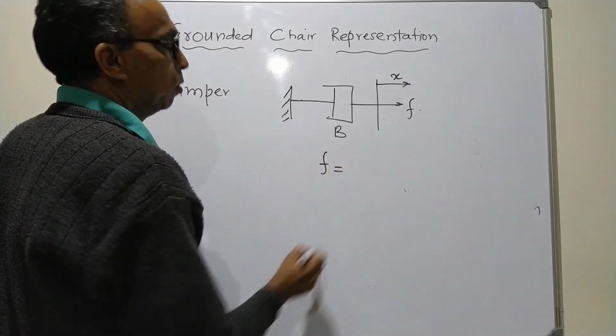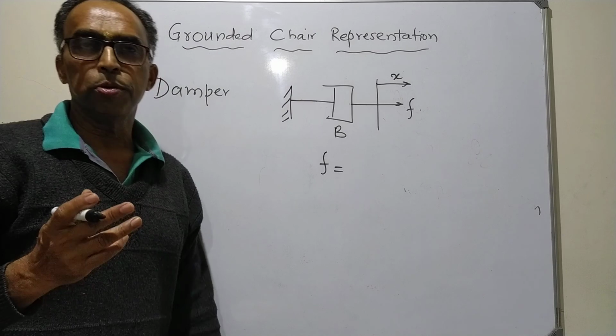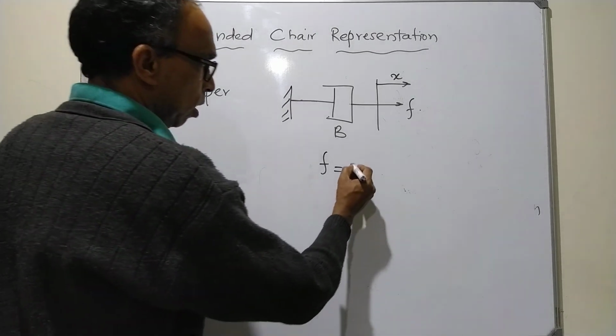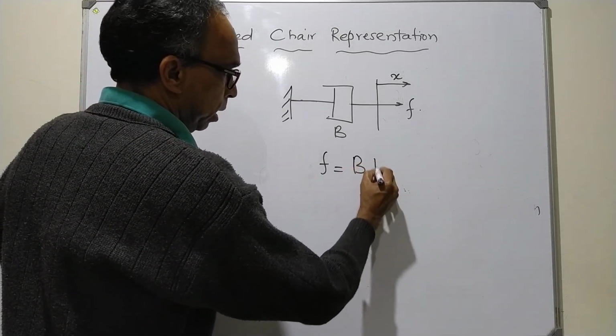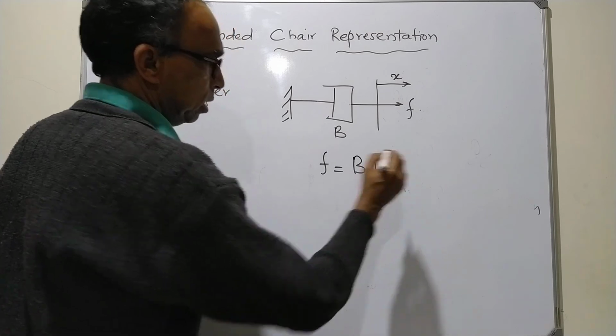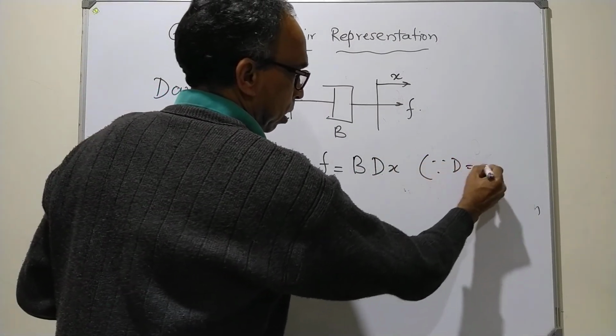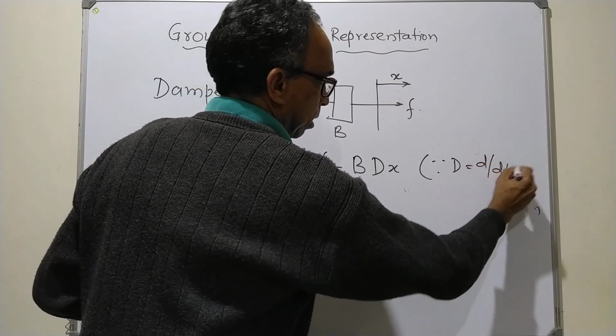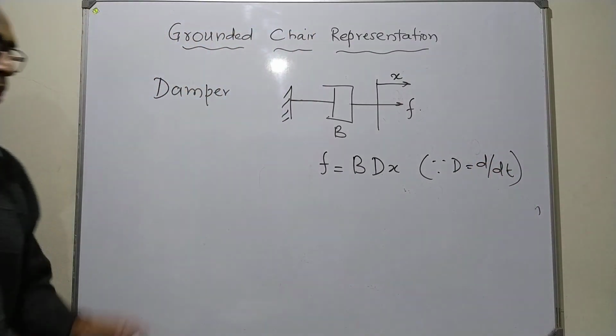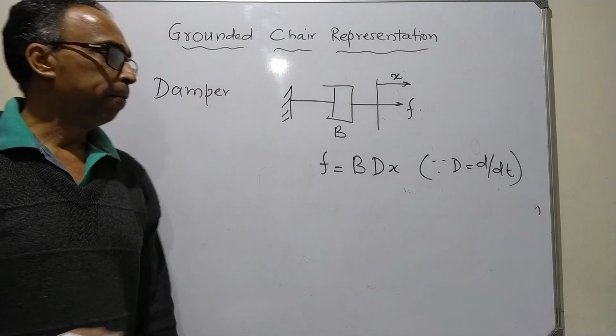F was equal to, damping force is proportional to velocity. So F was equal to B into Dx. What is this Dx? D is nothing but d by dt. This we call it as operator form. Dx is nothing but velocity v.